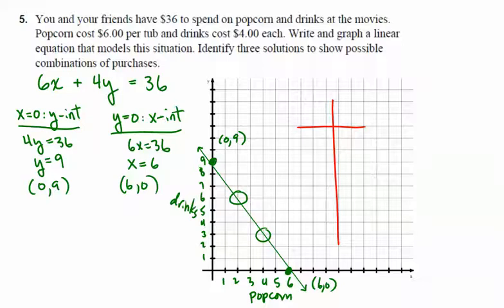And we had X popcorn, Y drinks, and when there is 0 popcorn, we have 9 drinks. When we have 6 popcorn, there are 0 drinks.